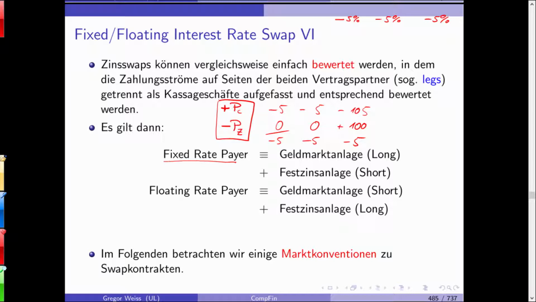This is meant by Geldmarktanlage long, Festzinsanlage short. You simply take a zero bond and a coupon bond, and you combine them. The floating rate payer, again, is slightly different, actually.